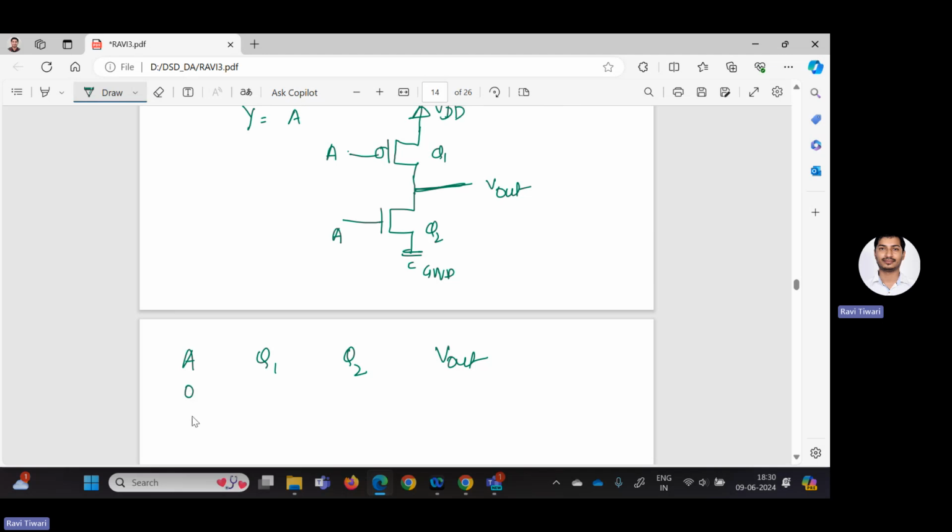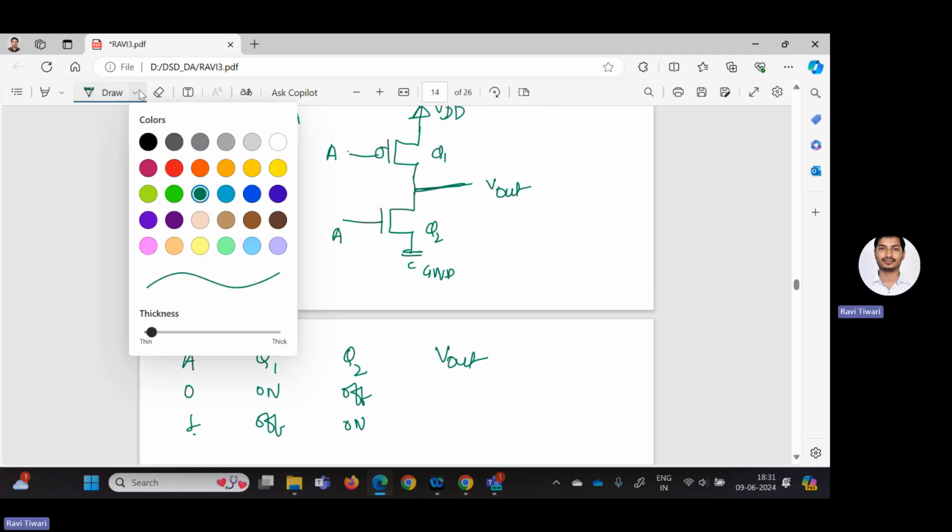A can be either 0 or 1. If it is 0, then Q1 will be on because Q1 is PMOS, and Q2 will be off because Q2 is NMOS. Q1 is off if it is 1, and Q2 will be on if it is 1, right? Now if Q1 is on, let's see with some different color, so it will give you idea.